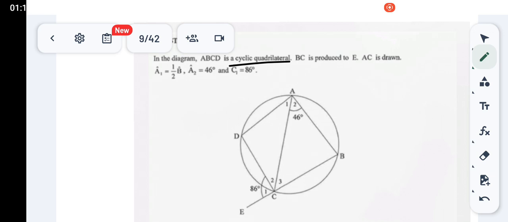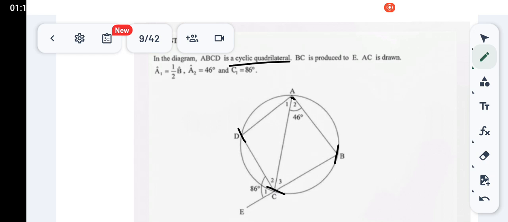So a cyclic quad is a type of quadrilateral with vertices that lie on the circumference. As you can see, vertex number 1 lies on the circumference, number 2 lies on the circumference, number 3 lies on the circumference, and number 4 also lies on the circumference.